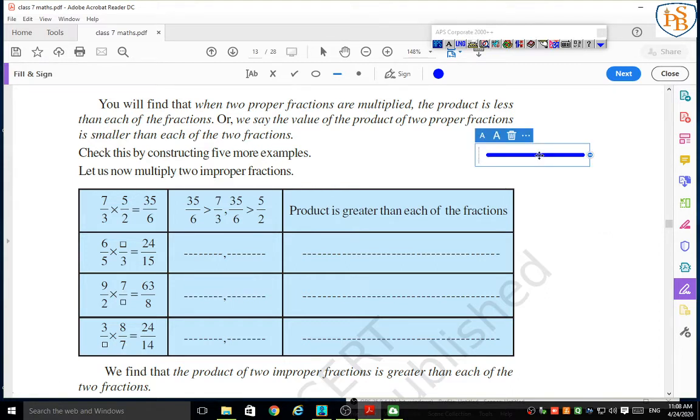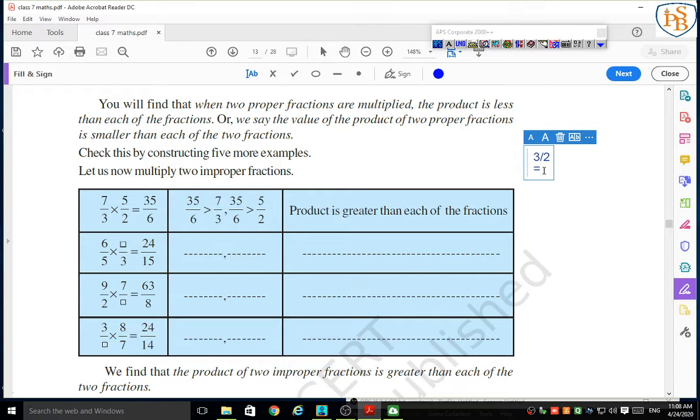So my first fraction will be 3 upon 2. Now to equalize the denominator, or to find the equivalent fraction, we have to multiply this fraction by some number.